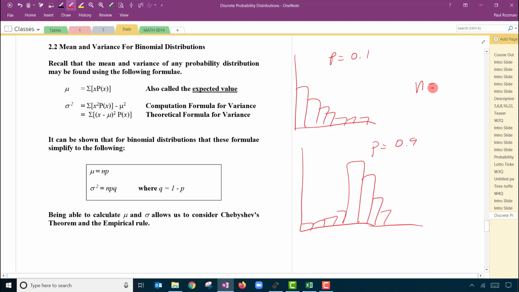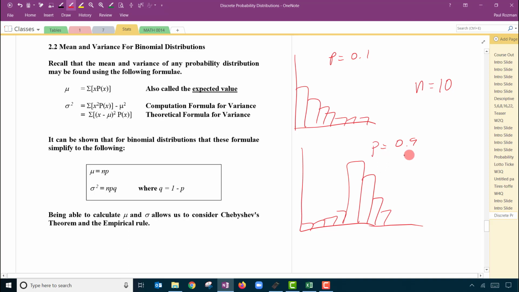But one of the neat things about the binomial distribution is that the mean of it is really easy to calculate. If I tell you there's a 10% chance of being successful, and you repeat an experiment 10 times, how often do you expect to be successful? Roughly 1 out of the 10, 10% of 10 things.